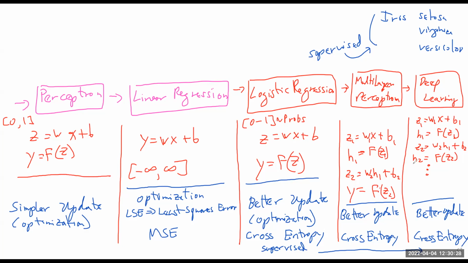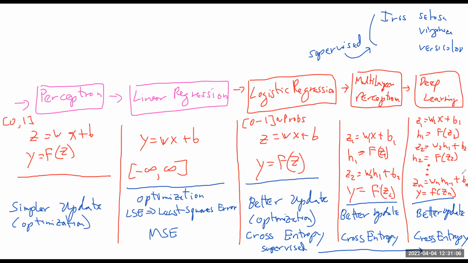And then this one would go all the way to, let's say, so if I generalize, this is Y, this would be F of ZN, which means CN, would be WN times H N minus 1, plus BN.